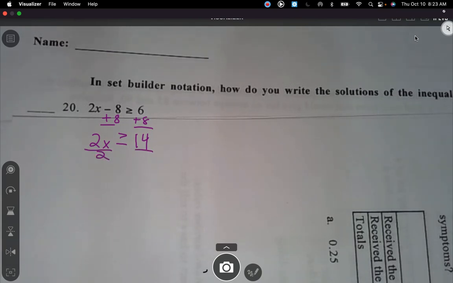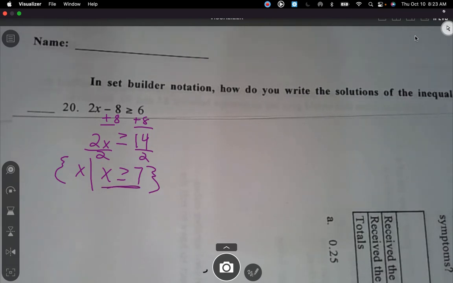Divide by 2. So x is greater than or equal to 7. Set builder notation, I think that's what it's asking for. You'll do x such that x is greater than or equal to 7. Is that what your answer choices look like? Do they have that one listed? They do. Okay.